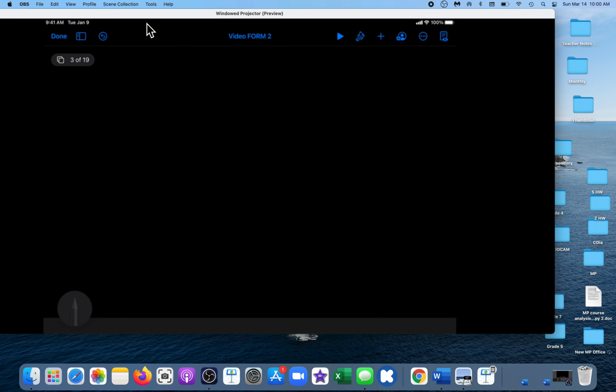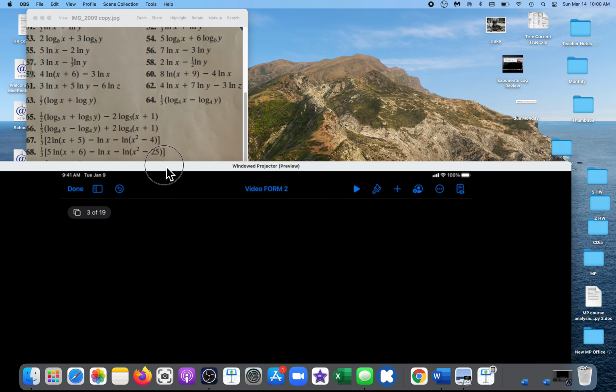Okay, 68. Okay, what's going on here? What I'm going to do is leave that 1/3 alone for a second, and I'm going to combine all of these. Now, before we do that, we have to take this 5 and bring it up. We notice we have some minus signs.